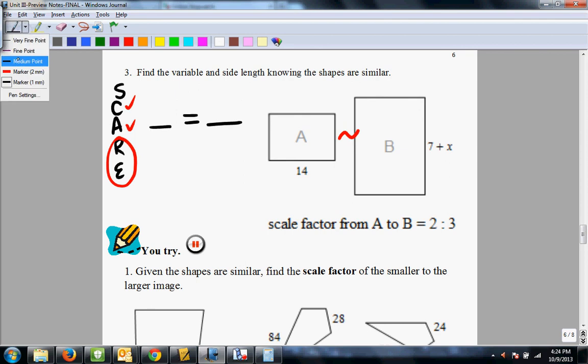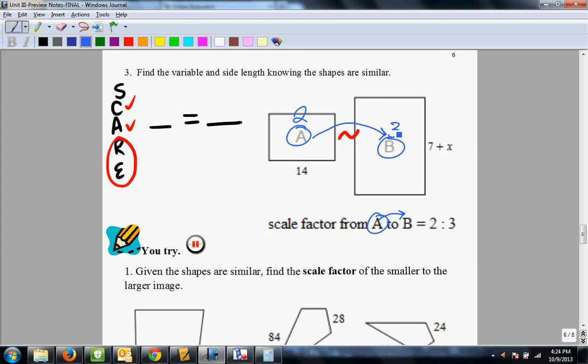So let's look at what we have. We have a scale factor of A going to B. Circle A. Draw a little arrow to B. Now come up here, establish your direction. A going to B, and my ratio is 2 to 3. Please physically draw the letters and the direction that they force you to go. So in this case, we're going to go from left to right.